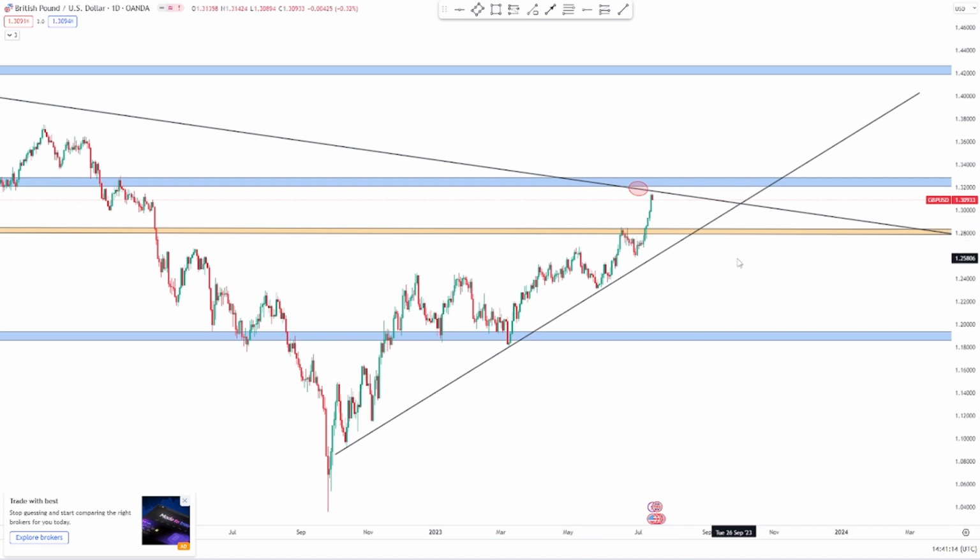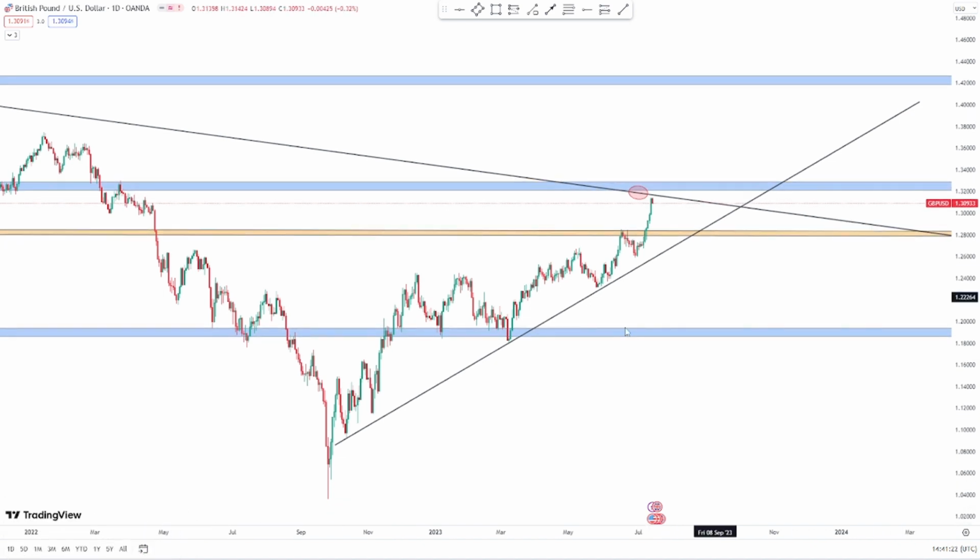So I'll wait for the break of the neckline, then I'll short this market to the downside. This is what I'll be looking out for on GBPUSD for the coming week.